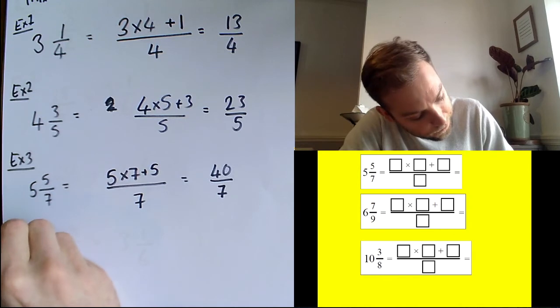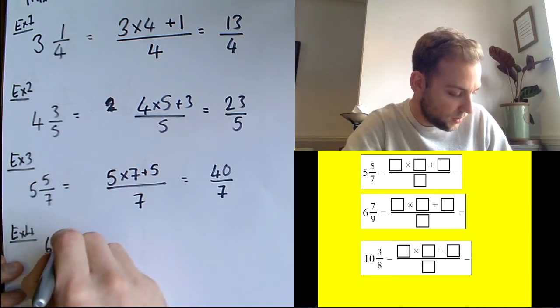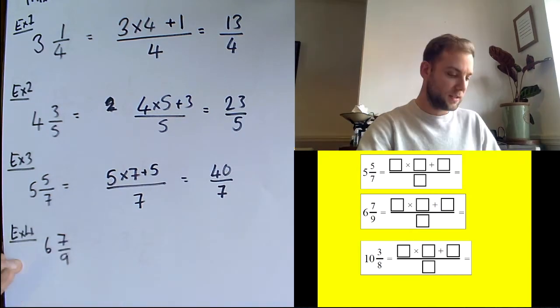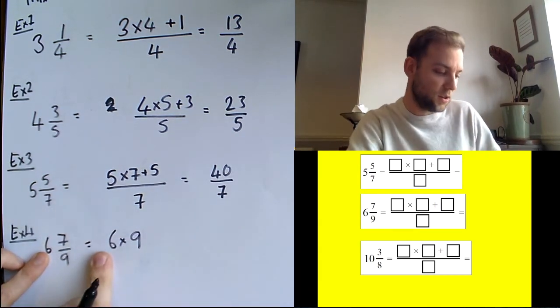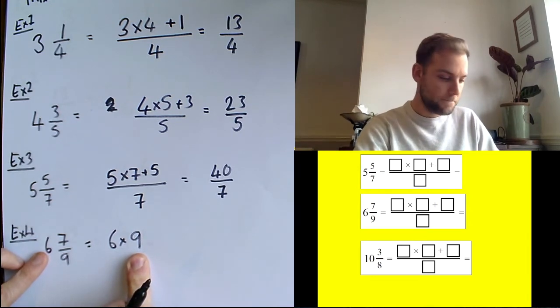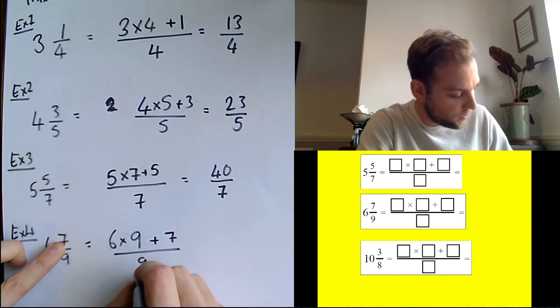Example 4, 6 wholes and 7/9, which means I've got 6 wholes which are split up into 9. Plus the 7/9, all split up into 9s.